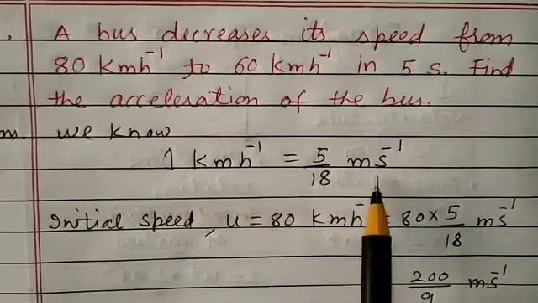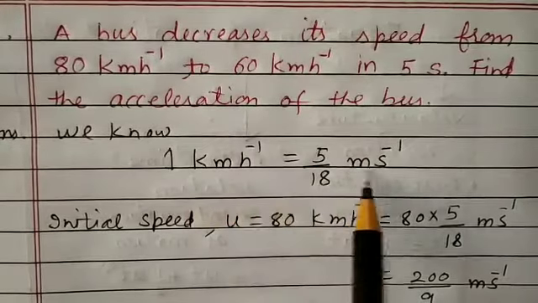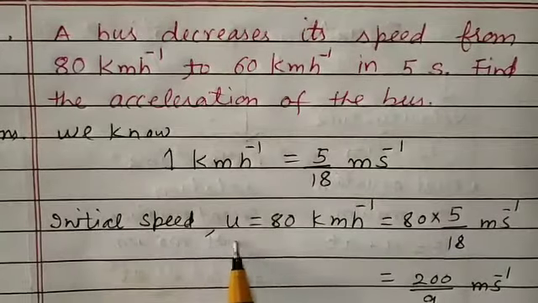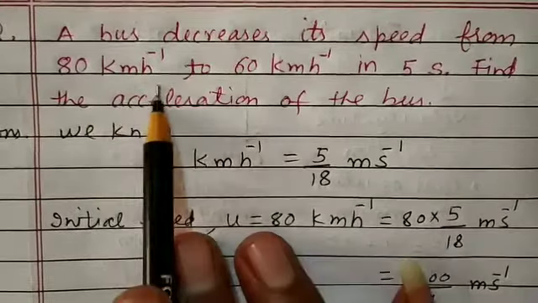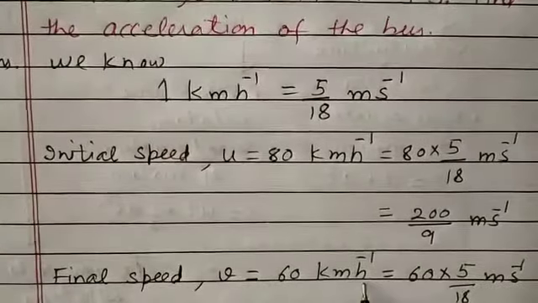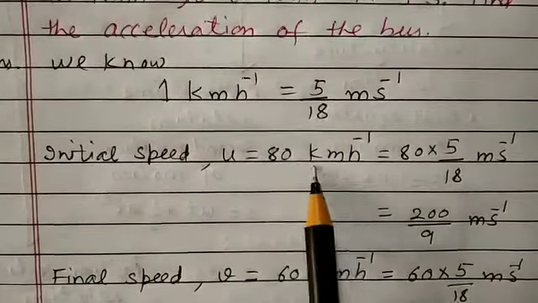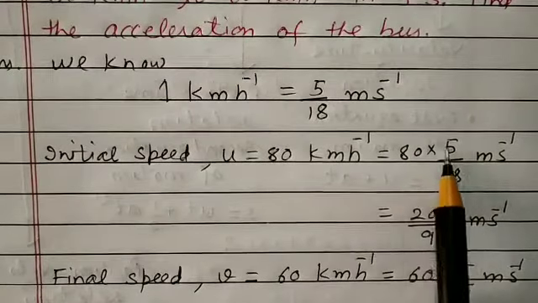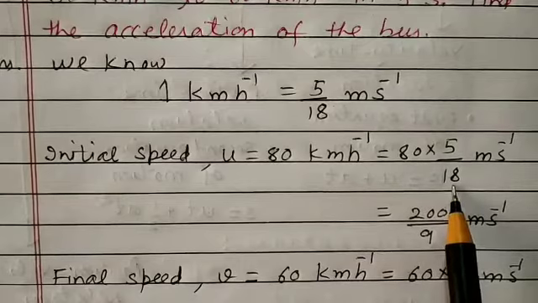We have just converted kilometer per hour into meter per second. Initial velocity u is given as 80 km per hour, and final velocity v is 60 km per hour. So we have to convert kilometer per hour to meter per second just by multiplying 80 by 5 by 18.